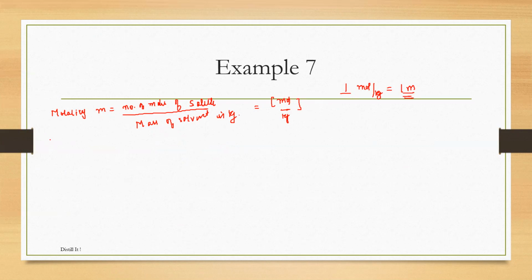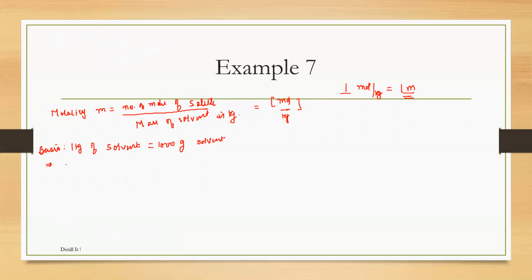So this means that in this case, we are going to consider the basis as 1 kg of solvent, that means 1000 grams of solvent.